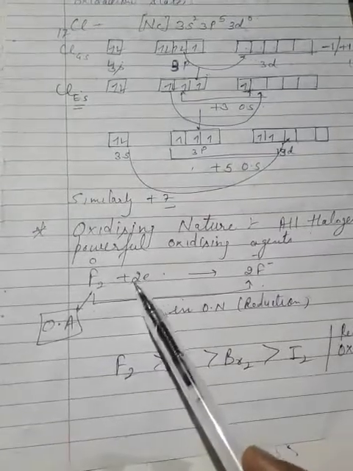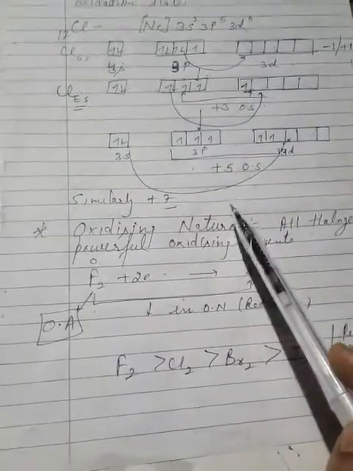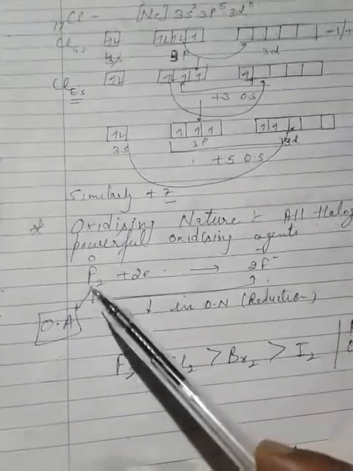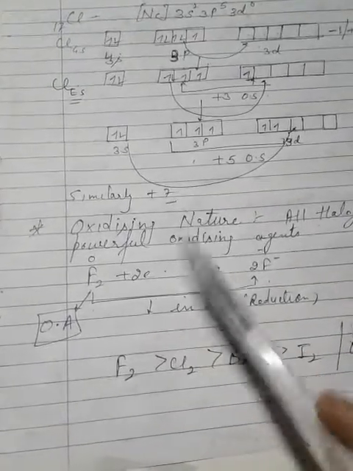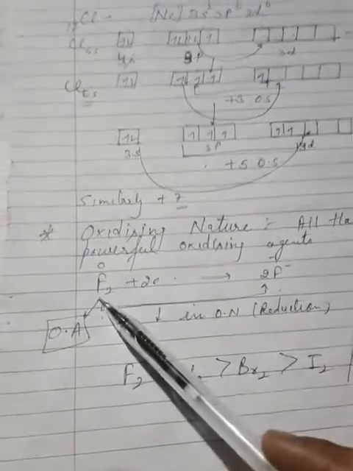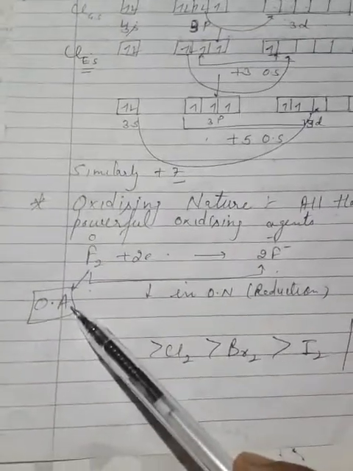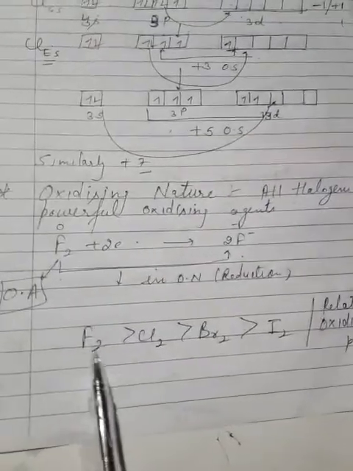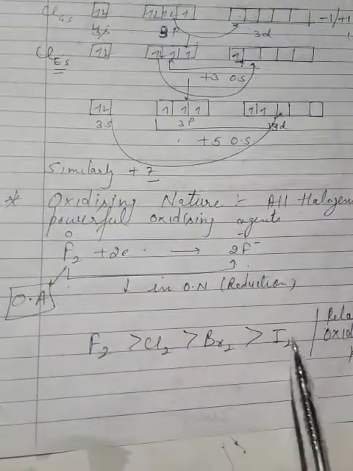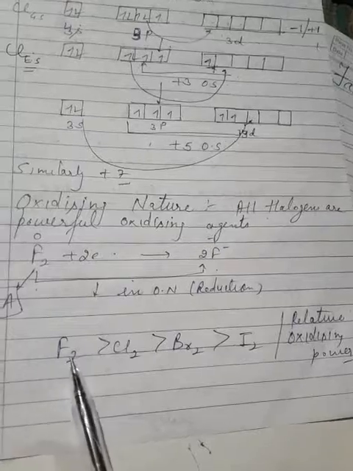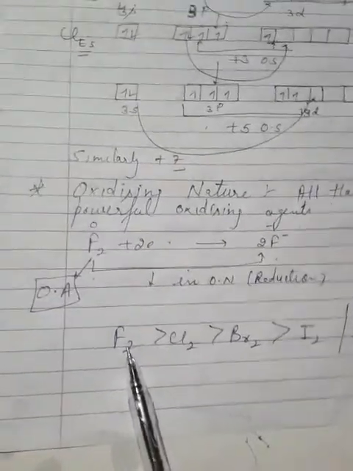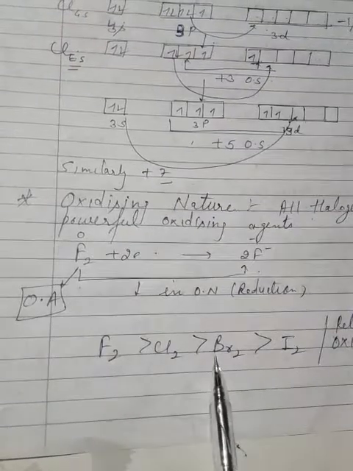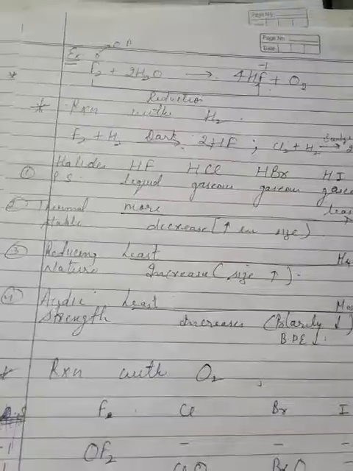They will accept 2 electrons only if the other substance loses 2 electrons. So in short, they are helping the other substance lose 2 electrons by accepting 2 electrons. So they are acting as powerful oxidizing agents, and their relative oxidizing order is: the strongest oxidizing agent is fluorine, followed by chlorine, then bromine, then iodine.